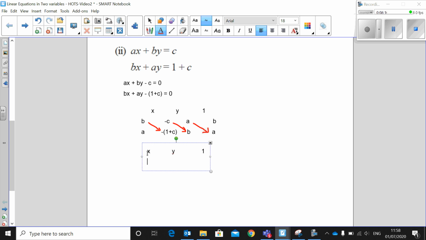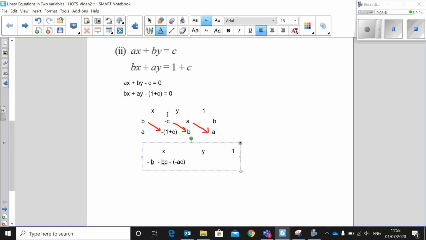Let us have it: x divided by minus b into 1 plus c. So can we write it as minus b into 1 plus c is minus b minus bc, and minus of, this is minus into plus minus ac, so that it will become minus ac. We can reduce one step here. Here I'm writing a little lengthy.